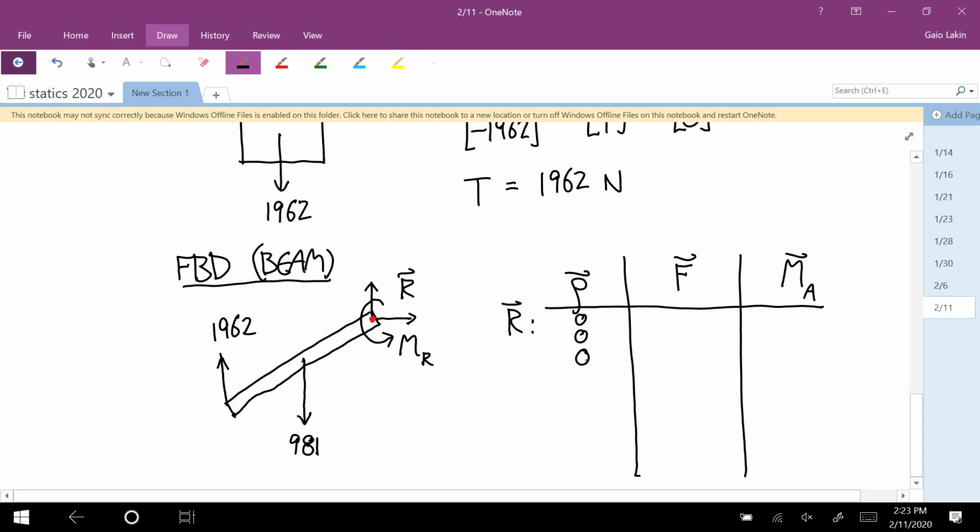So 0, 0, 0. For the first couple of these, I'm going to write it all down as components, and you'll see patterns with those as we go. And the R vector is Rx, Ry, 0. And cross product then is 0.